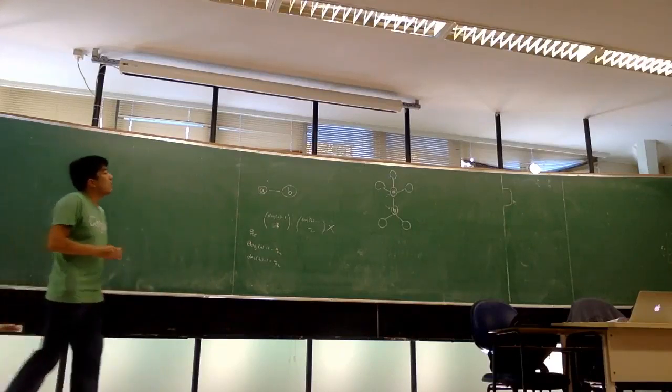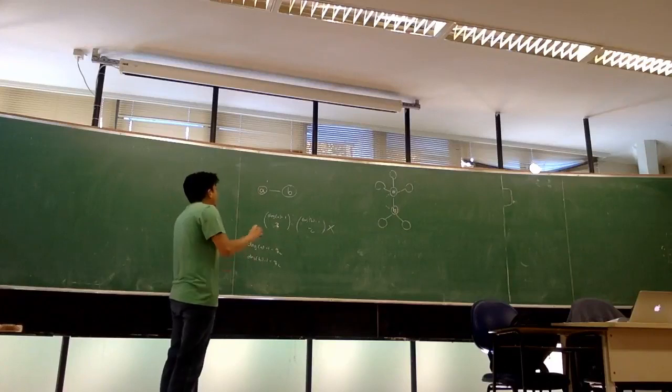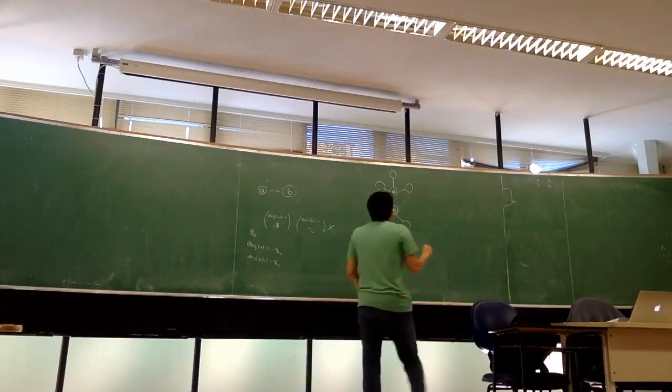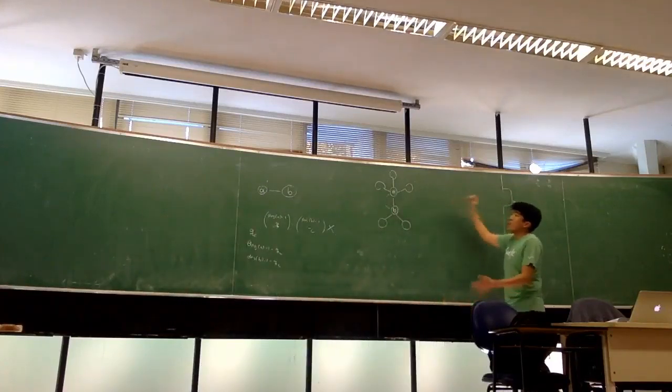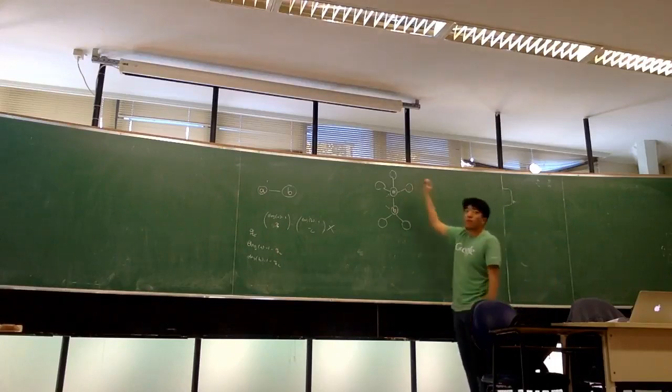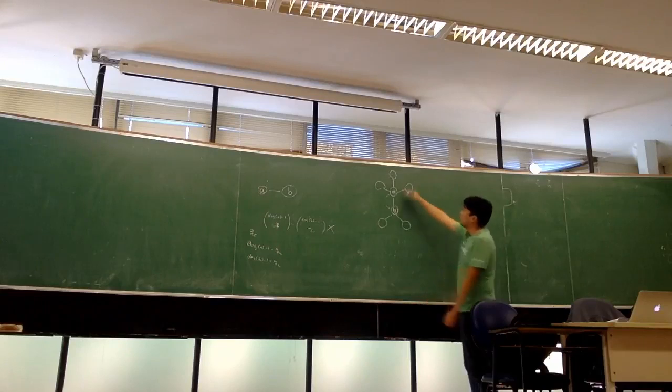And now we have some cases here. For both A and B, I can decide how many common neighbors I can use for both. And you just have to be careful not to consider the same neighbor for these 2 vertices at the same time.